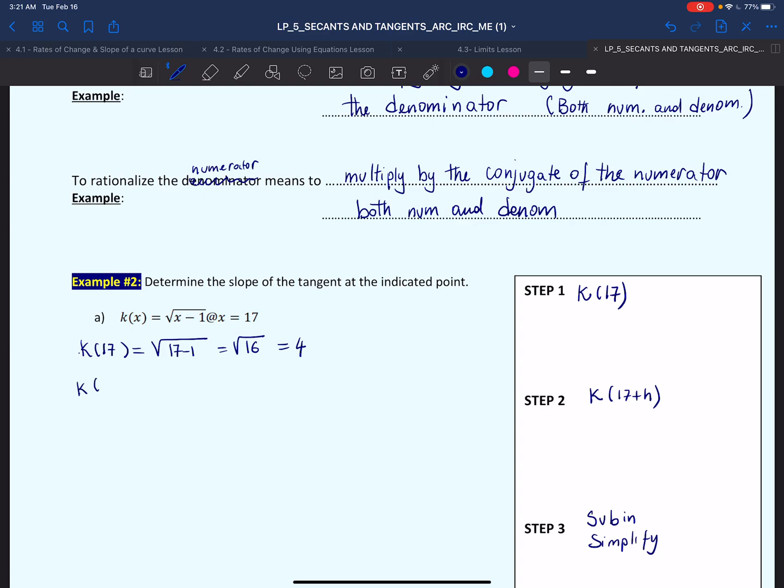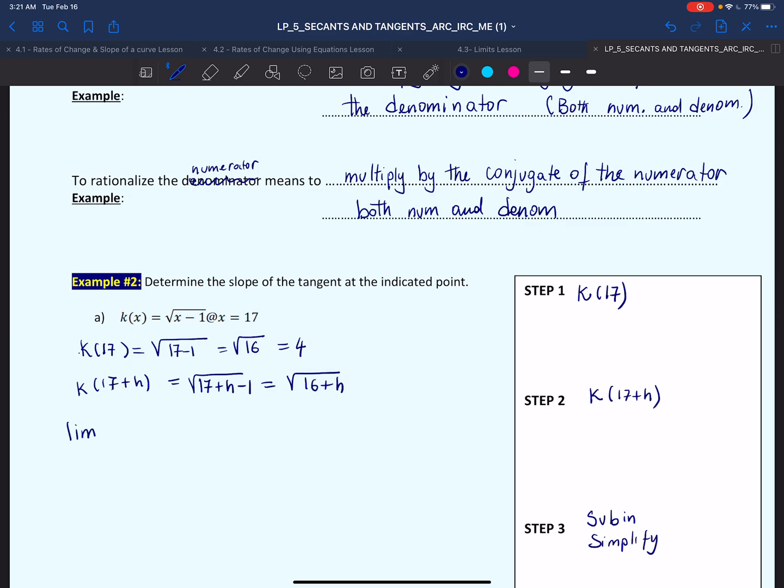K at 17 plus h would be equal to the root of 17 plus h minus 1. So that's root of 16 plus h.